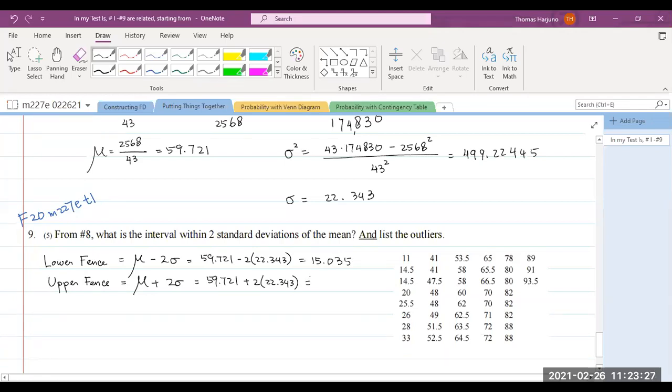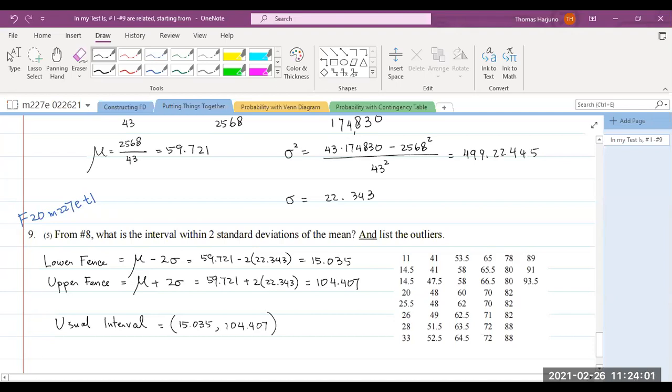Well, this one here I get 104.407. So the usual interval will be from 15 point something to 104.4 something.